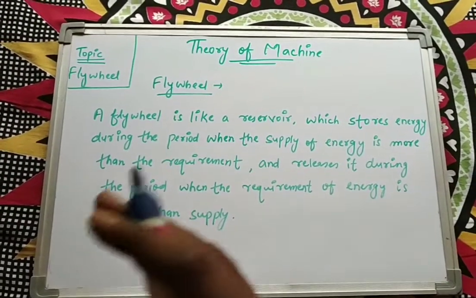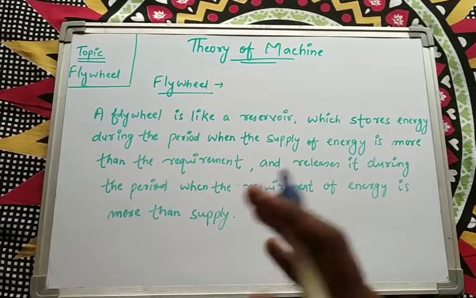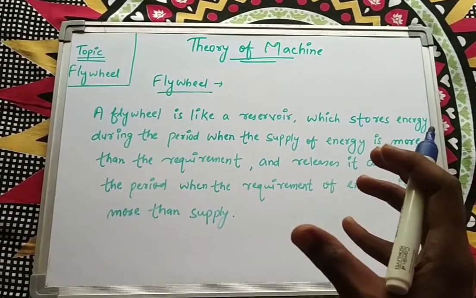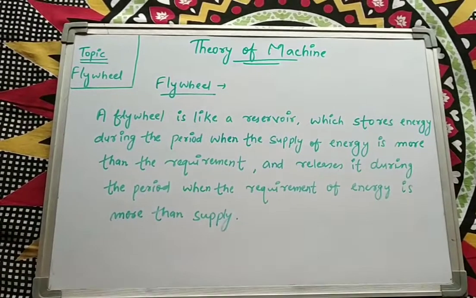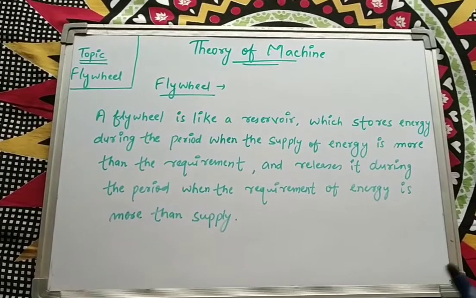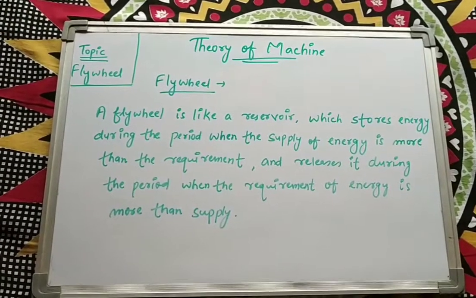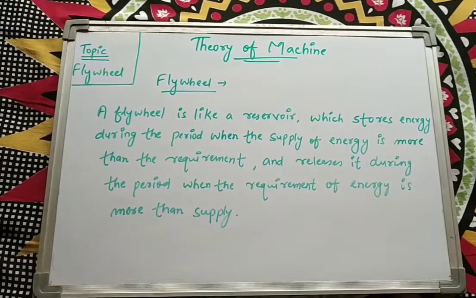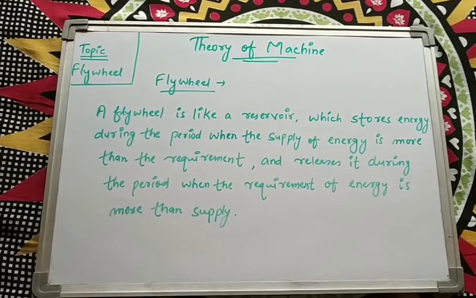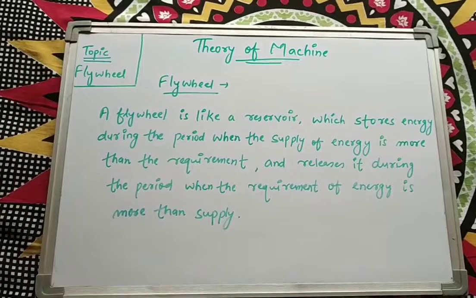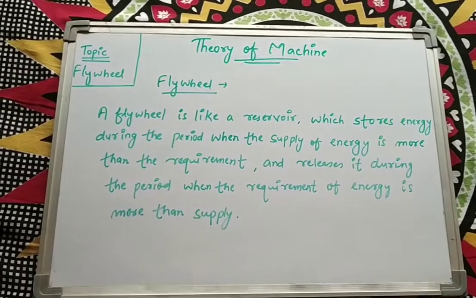And when the requirement is less but the supply is more, then it preserves the extra amount of energy to itself. That means it simply acts like a storage tank which stores the excess energy when it is not required, and it delivers the extra amount of energy when it is required.